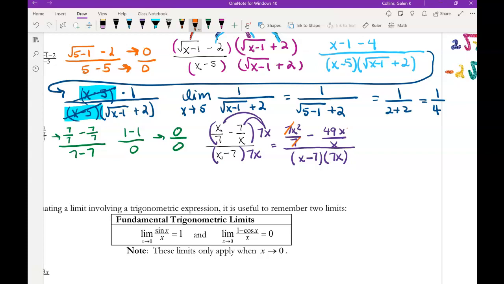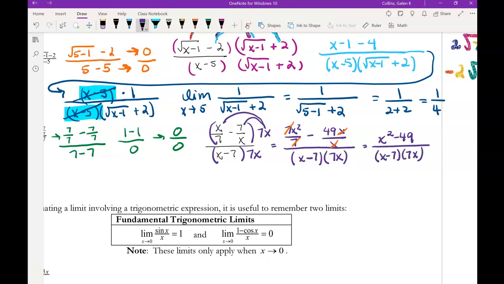On the right-hand side, we have x divided by x. So we could rewrite this as x squared minus 49. I'm so sorry, I forgot we eliminated the 7. So x squared minus 49, and this is still over this denominator, x minus 7 times 7x.